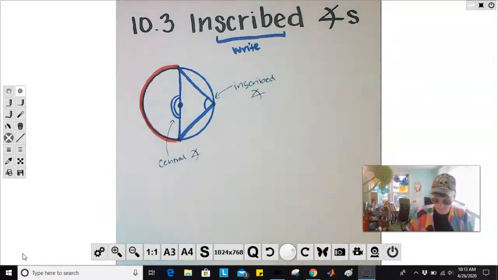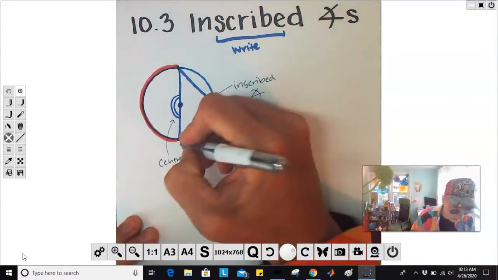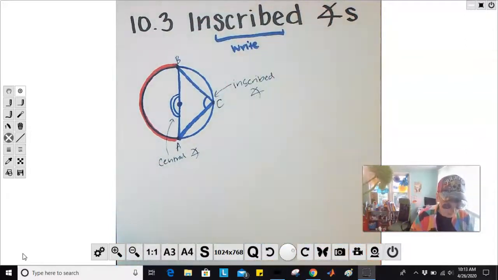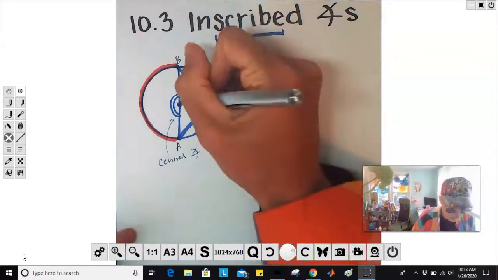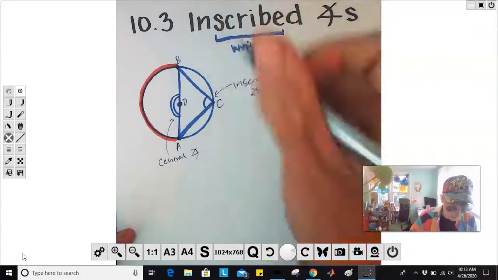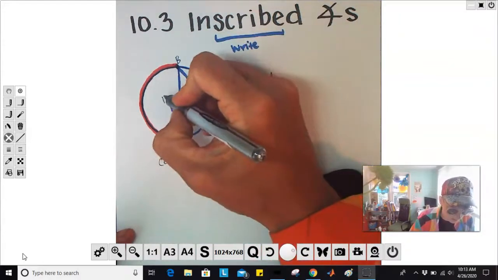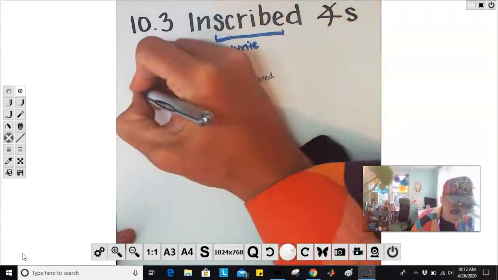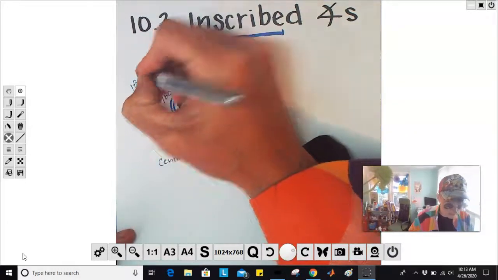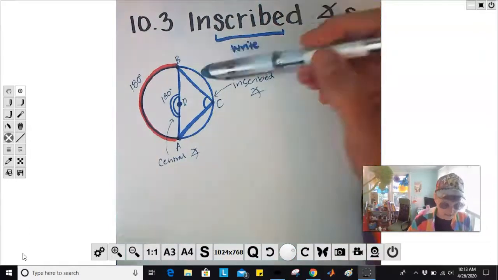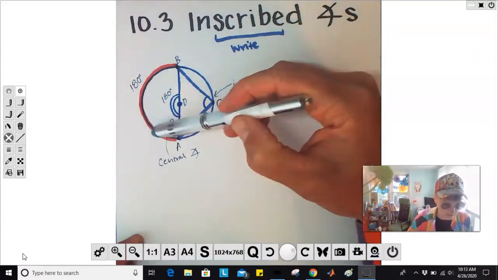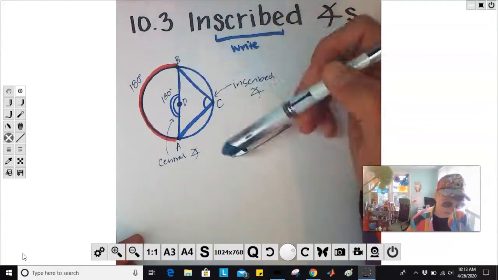Let's give those points some names. A and B and C and D. So our central angle is 180 degrees. It subtends this arc, which is also 180 degrees. And now we have this inscribed angle that also subtends the same arc, right?